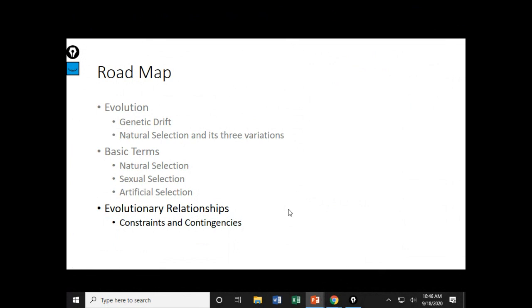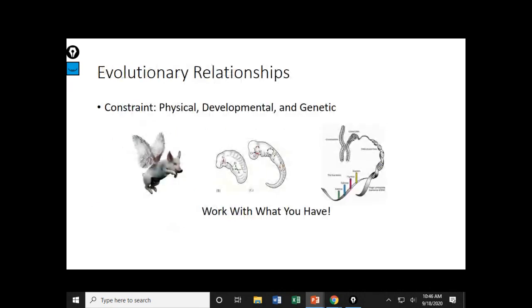Okay. So we are just going to start talking about these relationships then. There are a few terms I want to start talking about first that we need to get under our belts before we start looking at what you need to do your frog assignment. The first of which is constraint.